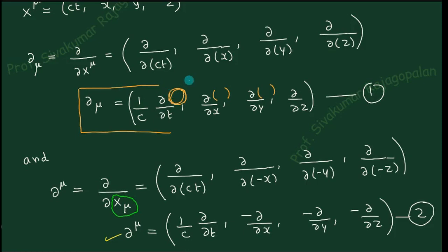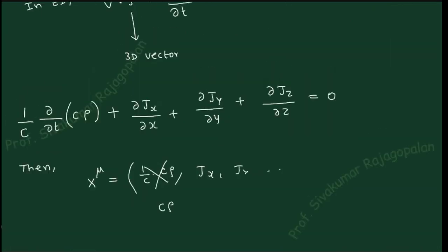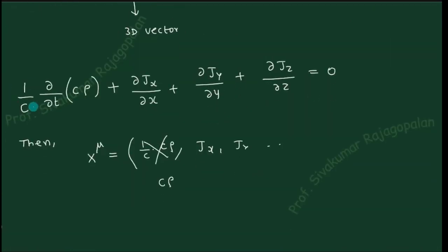So what is left out in this circle, that's what you have to see. So if you remember that, and coming to this, now you see that 1 by c into dou by dou t is there. It is operating on 0. Therefore, 0 is correct. Okay. So keeping that kind of information, let us now write down.